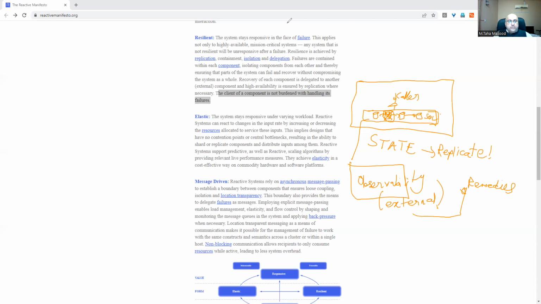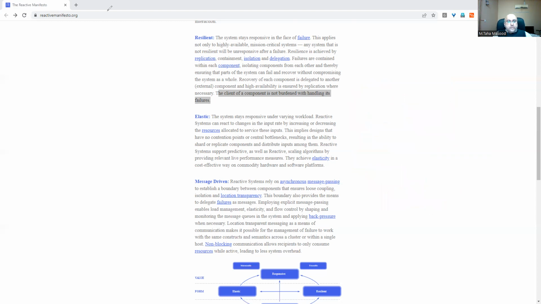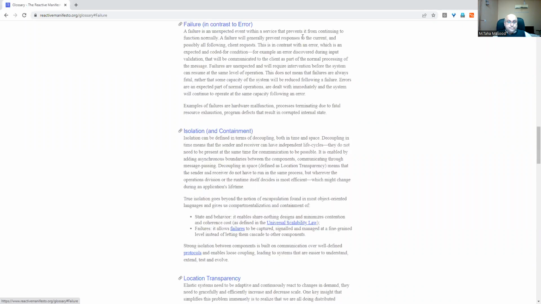Okay, with that we move on and go back to the top of the definition again. All right, so let's see how is failure defined. A failure is an unexpected event within a service that prevents it from continuing to function normally.